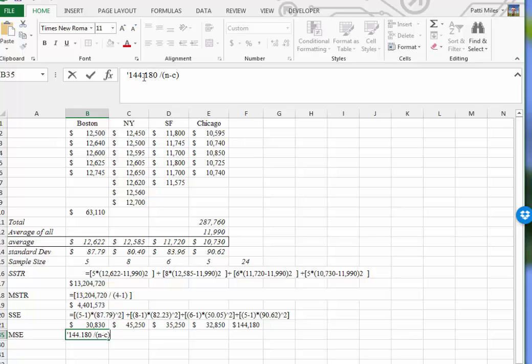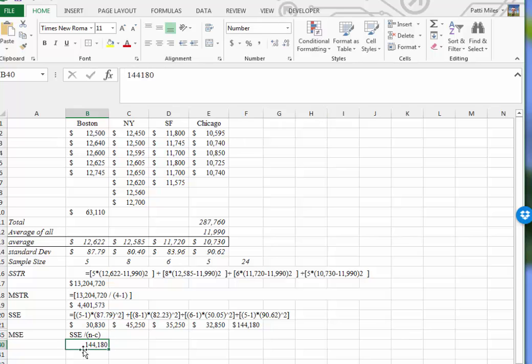So hold on, I got a typo here. This needs to be a comma. And so that would be 144,180 divided by 24 minus 4. I'm actually going to put this here and change this from 144,180 to the SSE.